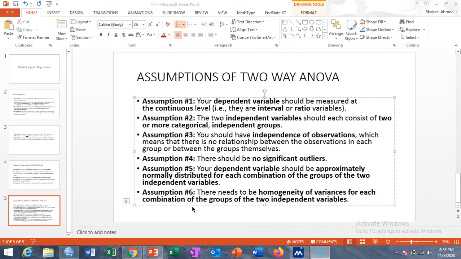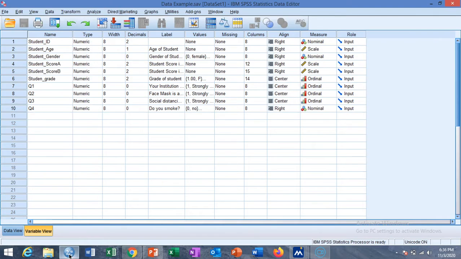So we move toward SPSS, and we want to compare the mean student score between gender of student and the smoking categories. We have two factors. One is student gender and the second is whether the student smokes or not.